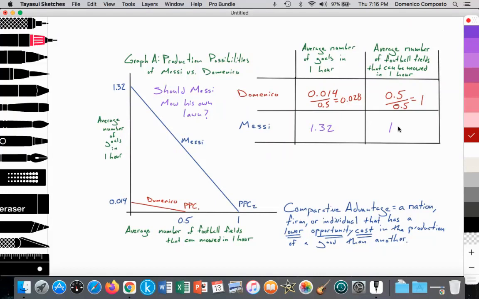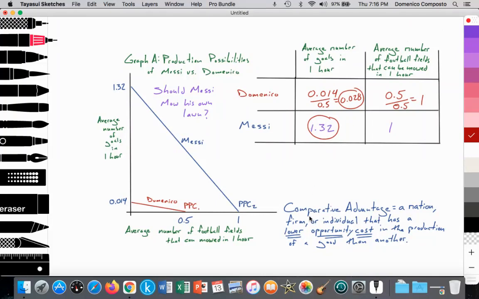Okay? So take a look. Every time Messi spends 1 hour cutting the grass, his opportunity cost here is much greater than mine over here. My opportunity cost is significantly lower. Every time I spend 1 hour cutting the grass, I've only lost the opportunity to score 0.028 times. Significantly lower than Messi.